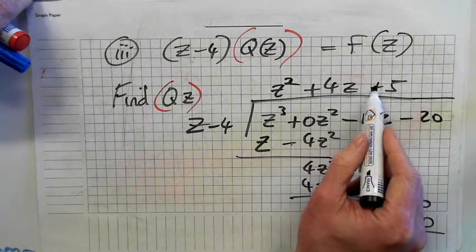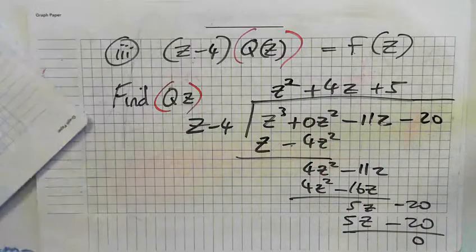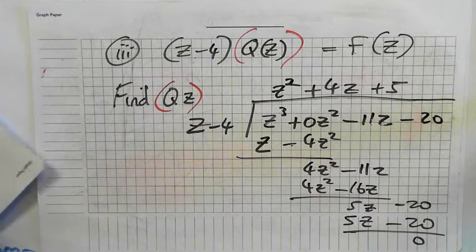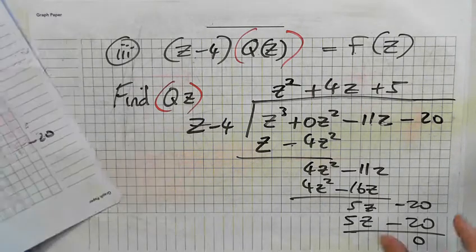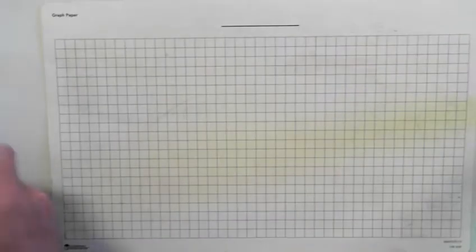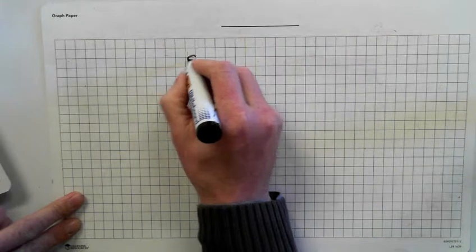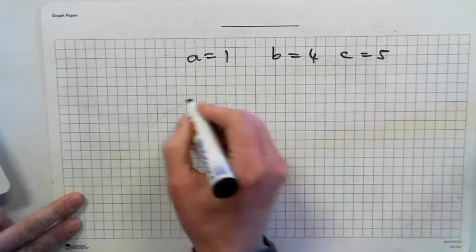Now what do we have to do with this? Minus b formula. So what's the value of a? a is 1, b is 4 and c is 5.